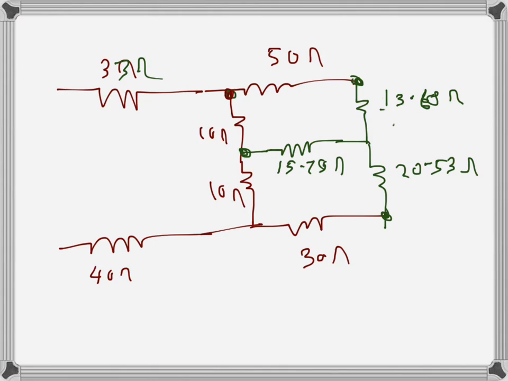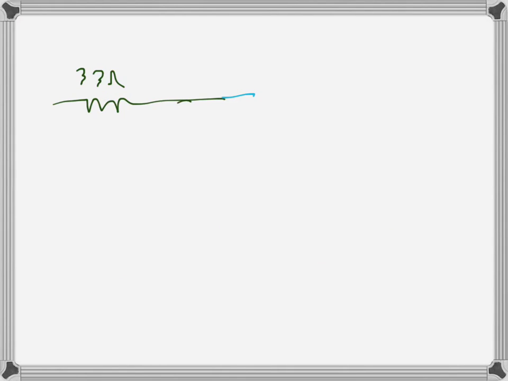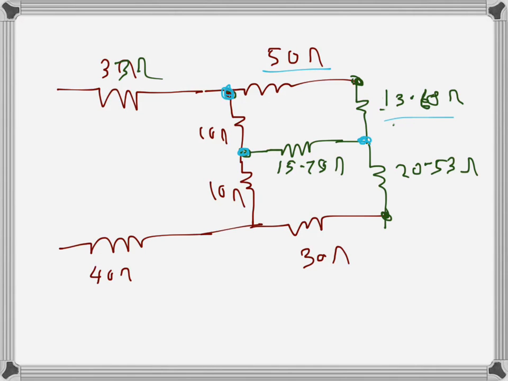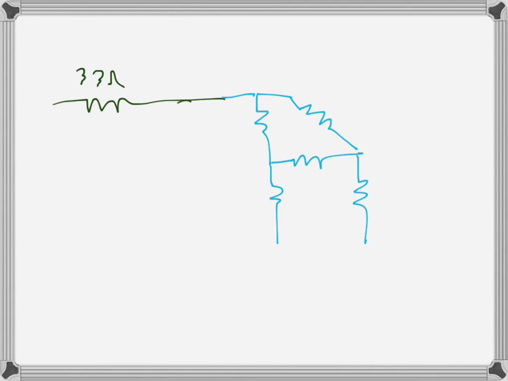One node here, one node here, and another node is here, because these two are in series, these are the three nodes. This can be drawn like this, 10 ohms there, and then we have 10, 20 and 30. So this one there, this one there, this 30 there, and we have this one there.